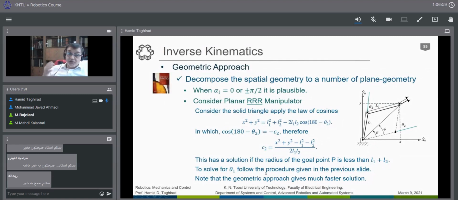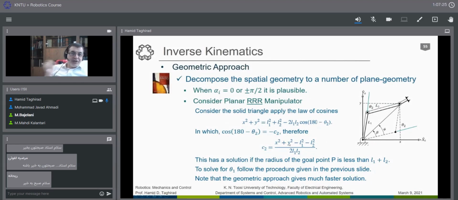And there are so many books on this. Yesterday, I was looking into my books, one very old book from Professor Angeles on spatial kinematics. There are so many issues in that book that can be considered here. Anyways, you can find this, and the solution goes exactly the same way.